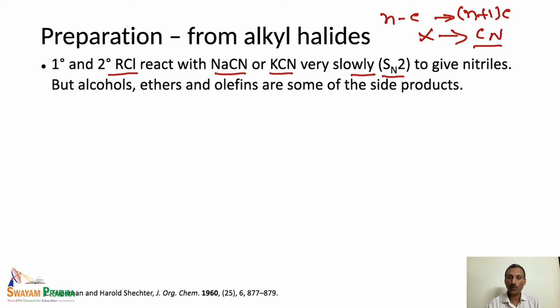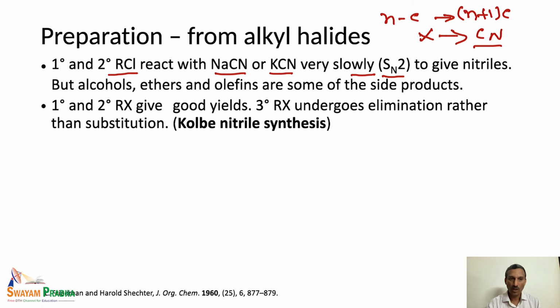Or we can also start with any alkyl halide, and addition of one carbon can be done using this particular cyanide reaction. Primary and secondary alkyl halides actually give a better yield in this condition, and tertiary alkyl halides generally undergo elimination rather than substitution reaction.